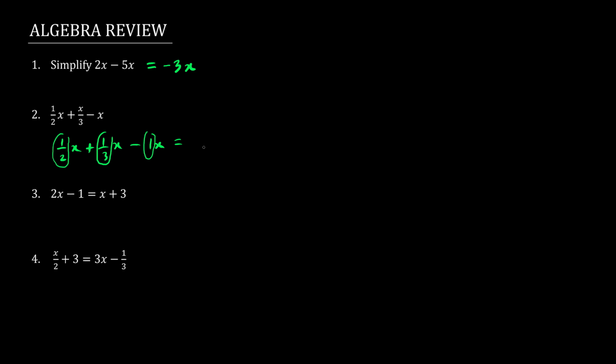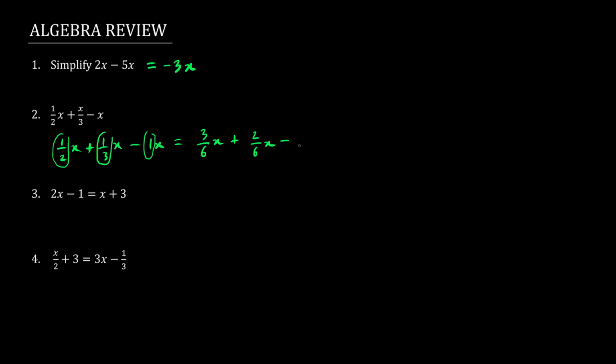So let's make the denominator 6, the LCM of 2 and 3. So we have 3 over 6, which is the same as 1/2, x, plus 2 over 6x, which is the same thing as 1/3.